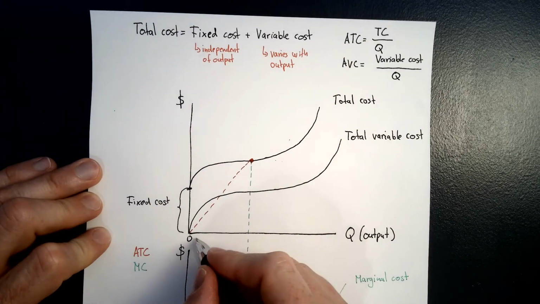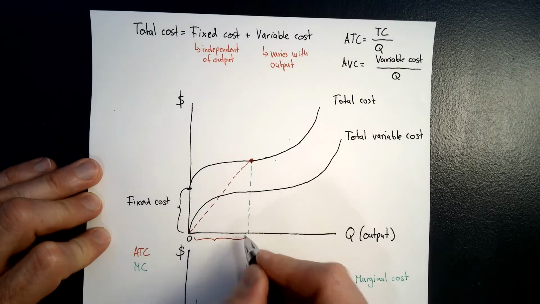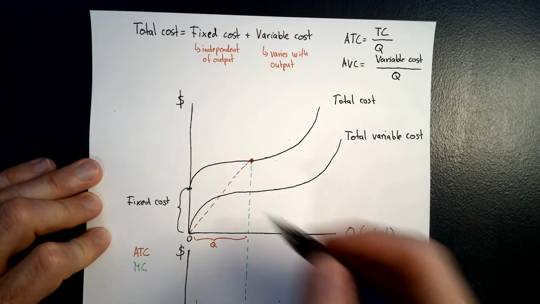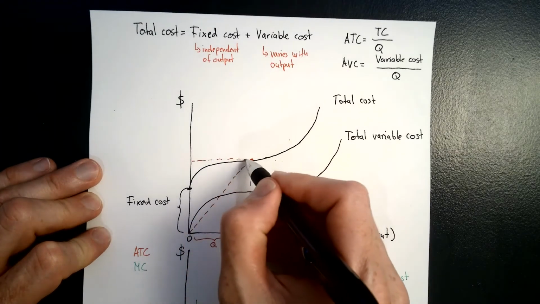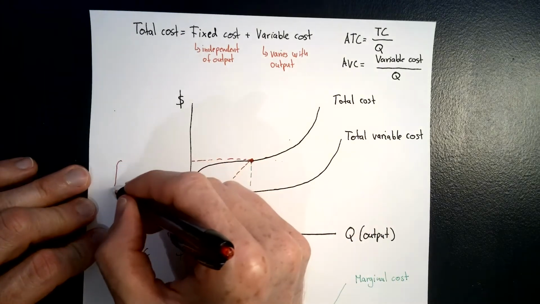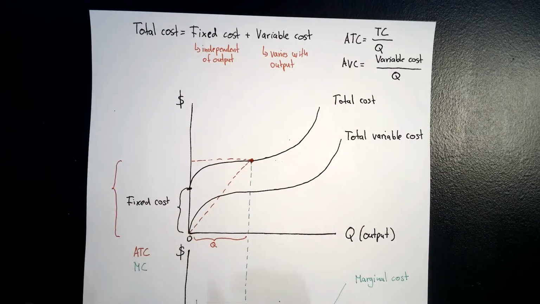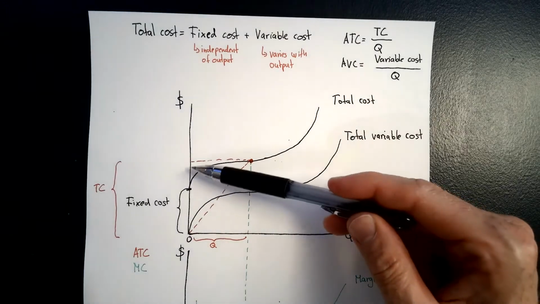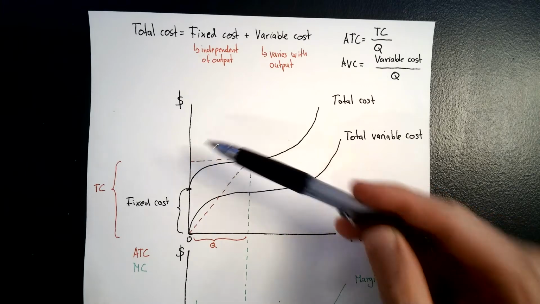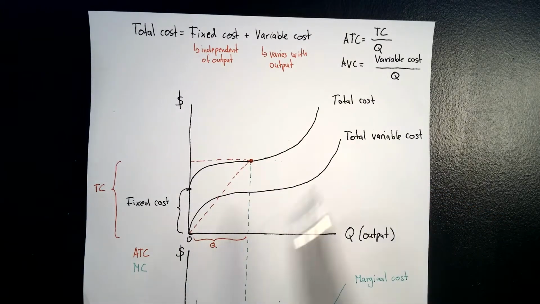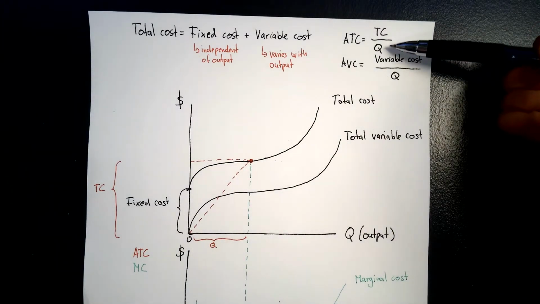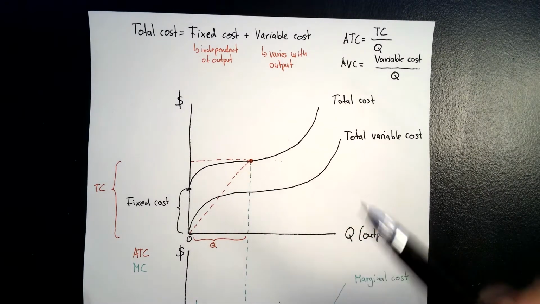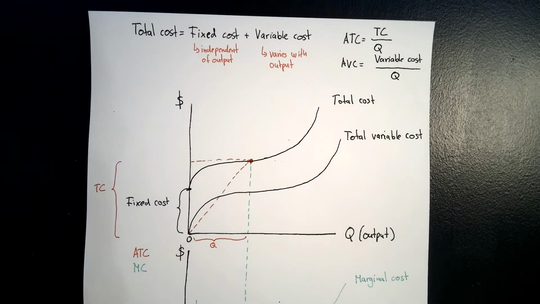then for this point you have the quantity here, and you also have the total cost here. So you have rise over run, total cost divided by Q, and hence the slope of this connecting line represents the average total cost.